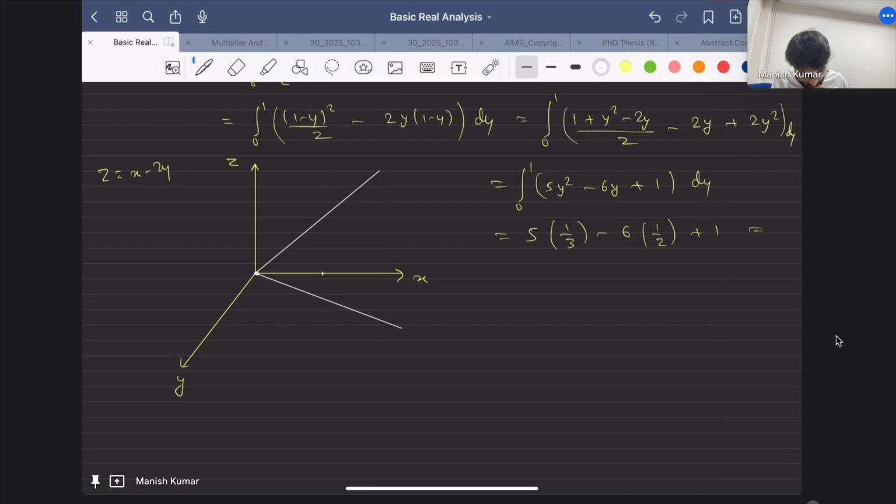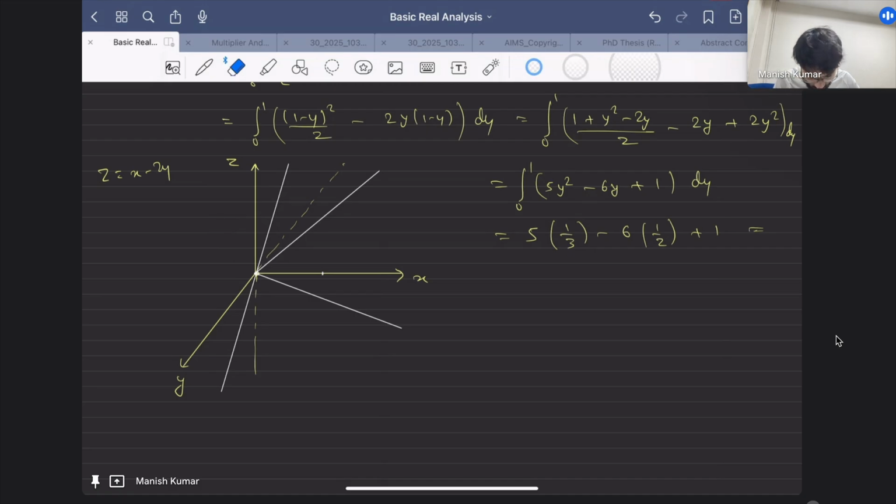So z equals 2y would be like this, and now I have to do the negative version.